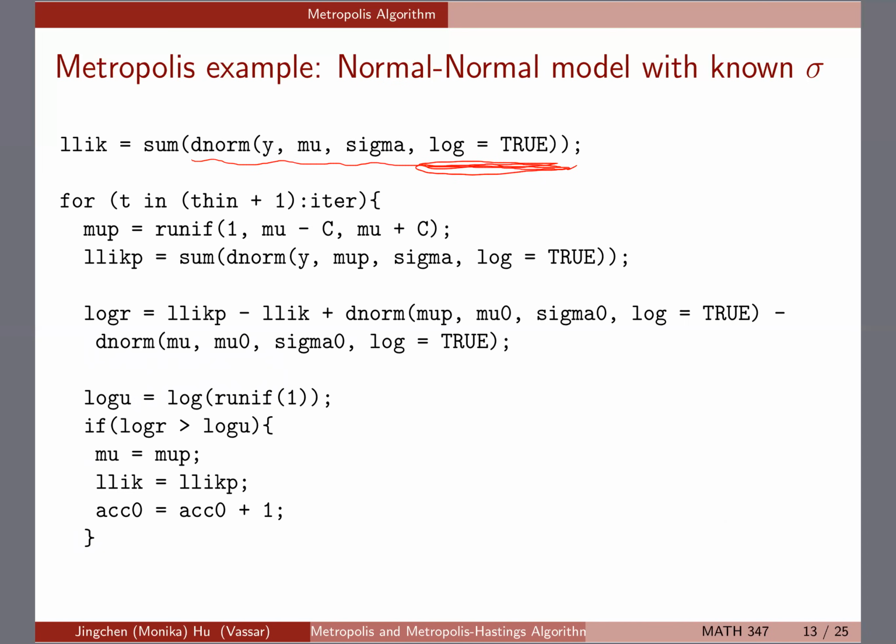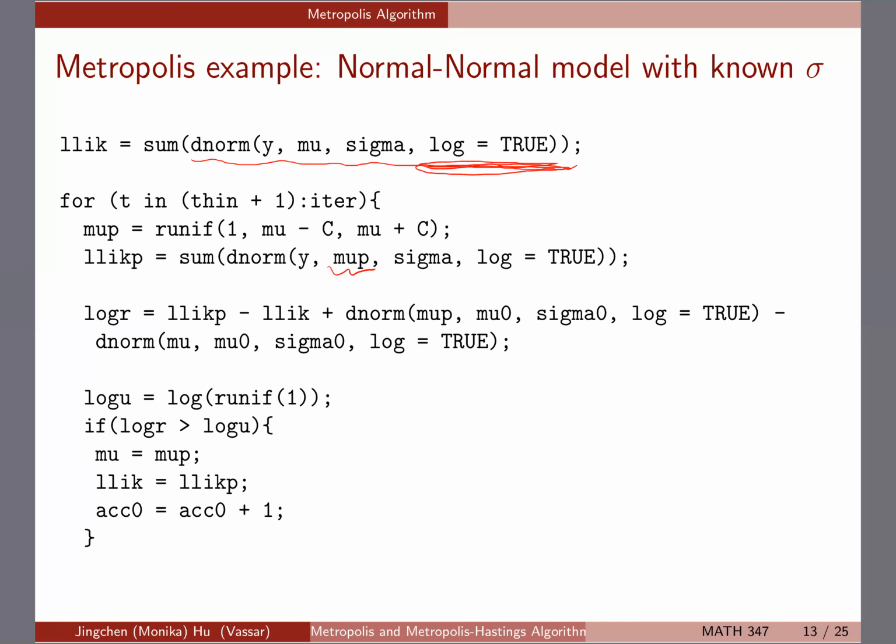And then I should also evaluate the log likelihood under the proposed mu. That's what the second line in the loop is doing. It looks exactly the same, except now I evaluate at mup, which corresponds to the equation that I showed you earlier. Then log R is also, I think, the equation I showed you before.